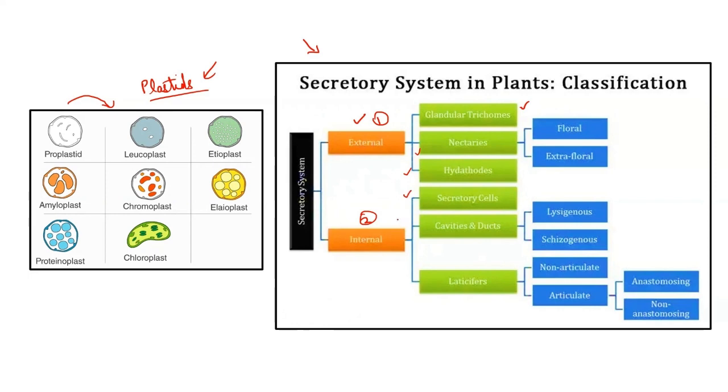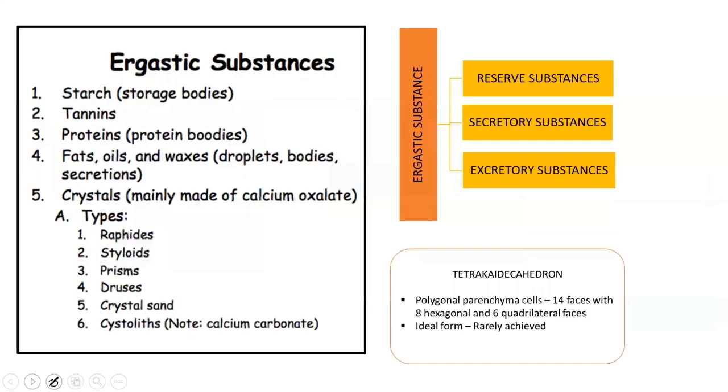Then these individual cells can form cavities, and these cavities or ducts can be lysigenous and schizogenous. So what is a lysigenous cavity? What is a schizogenous cavity? How are they formed? Then about laticifers, whether they are articulate or non-articulate. So these are the things that you should be thorough with.